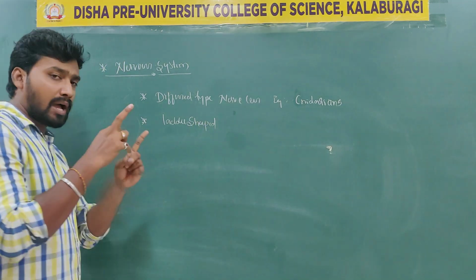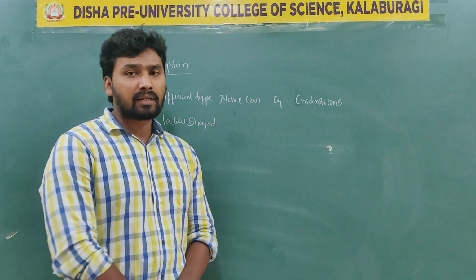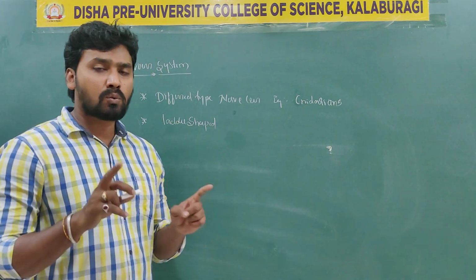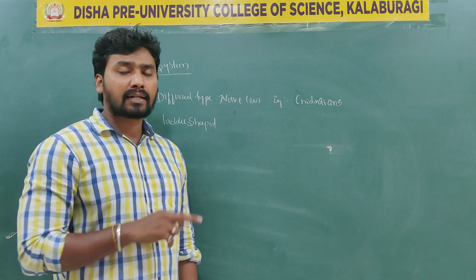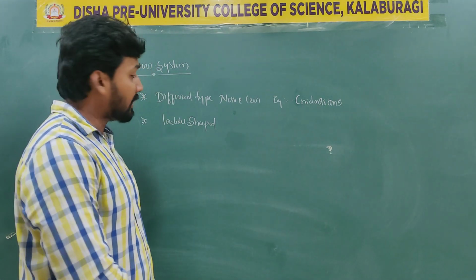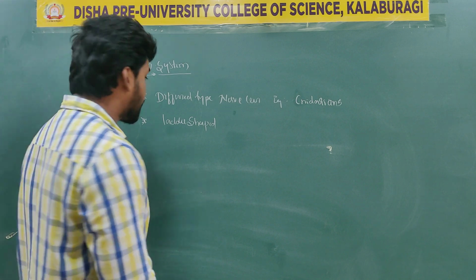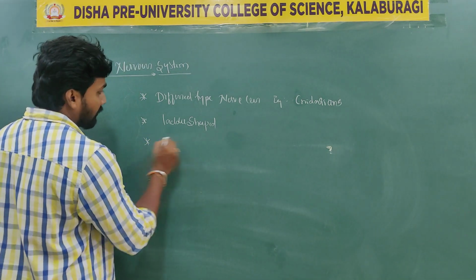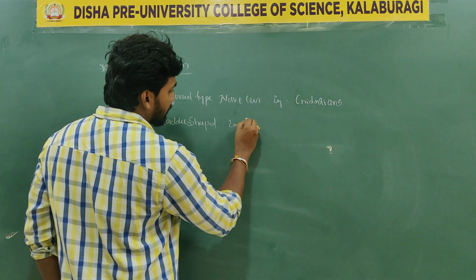They have two vertical nerve cords, interconnected by horizontal nerve cords. So, ladder-shaped nervous system, which is seen in the platyhelminths.